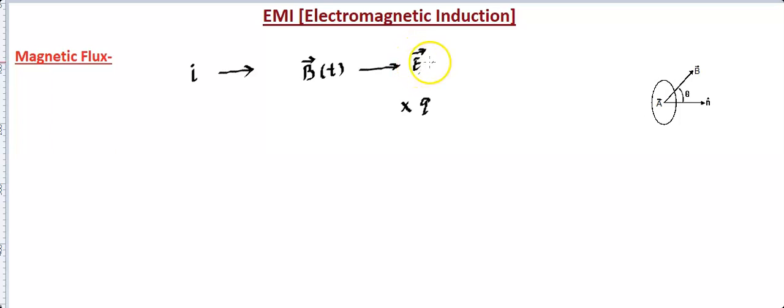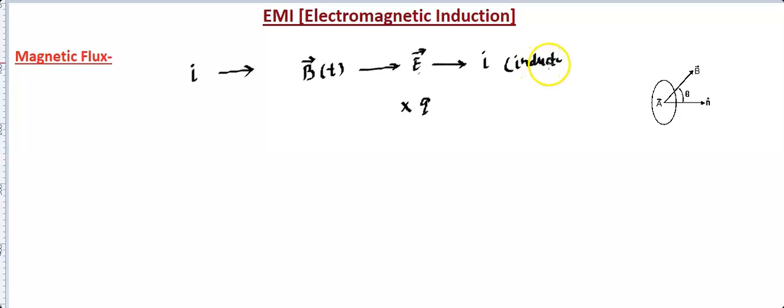And whenever this electric field is there, and there's a conductor placed, in that conductor there are charges, and this electric field is going to move those charges. That means this electric field is going to create a current, and this current will be known as induced current. And this mechanism is called induction.